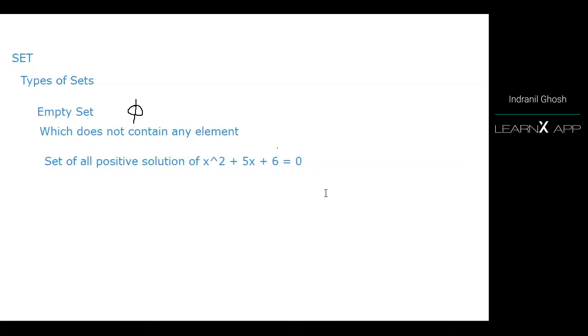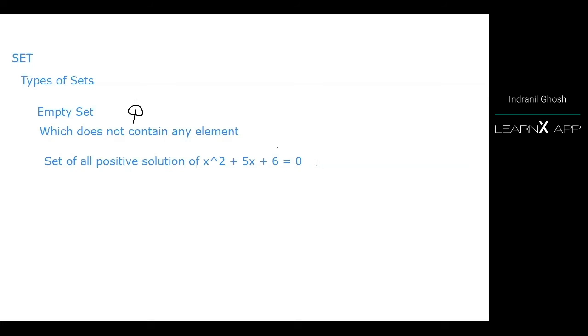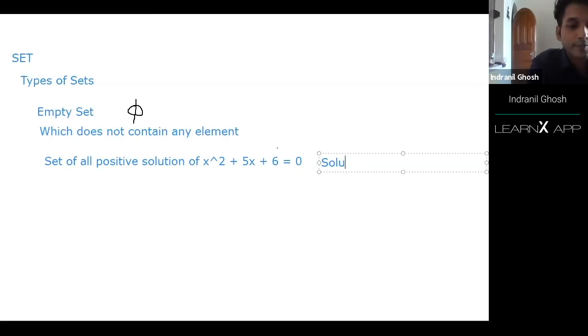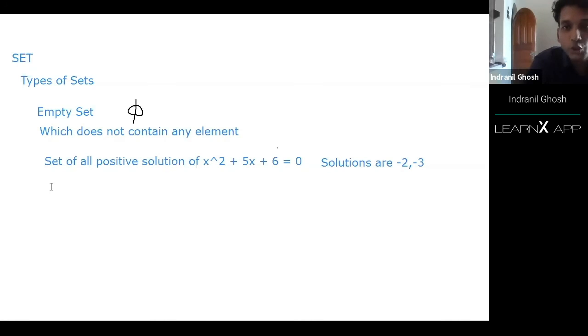Both roots will be negative, -2 and -3. So the solutions are -2 and -3, and that's why this set should be an empty set.